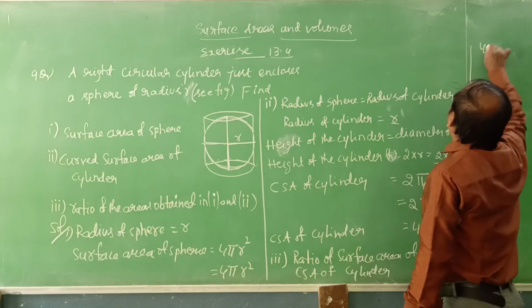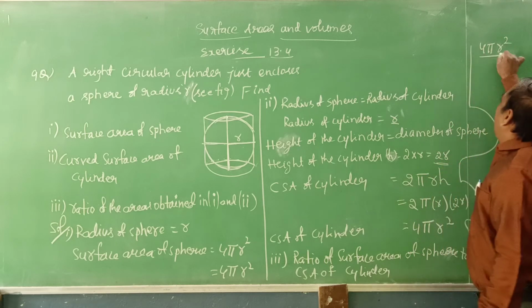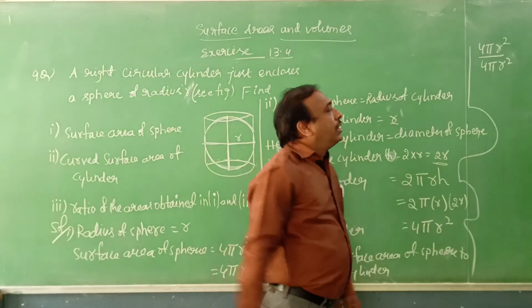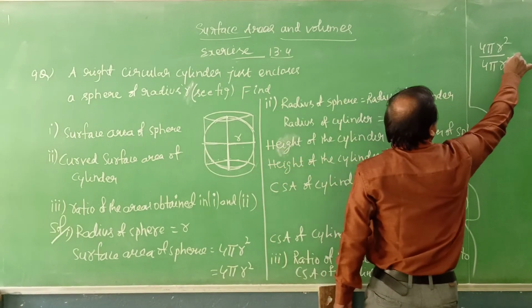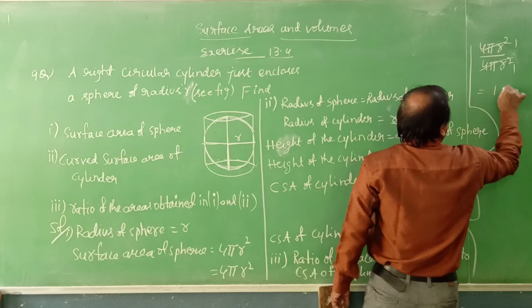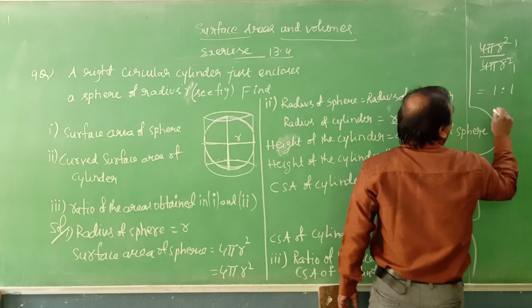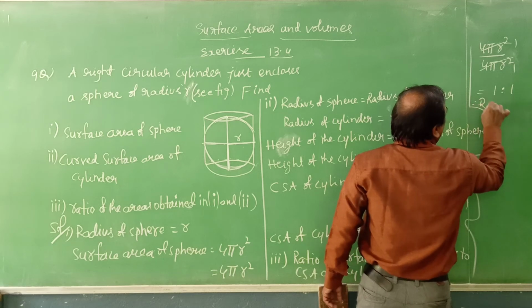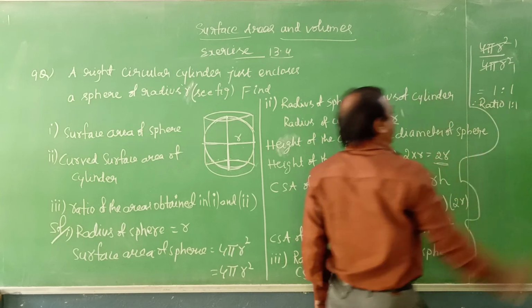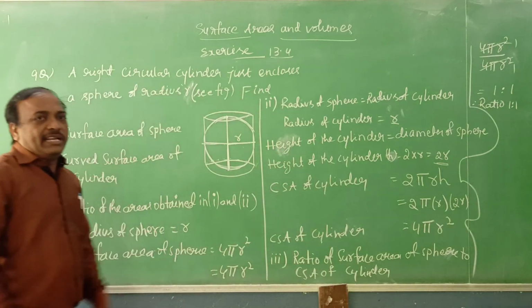So 4 pi r square by 4 pi r square, cancel all 4 pi r square, 1 by 1, which is nothing but 1:1. Therefore the ratio is 1:1.